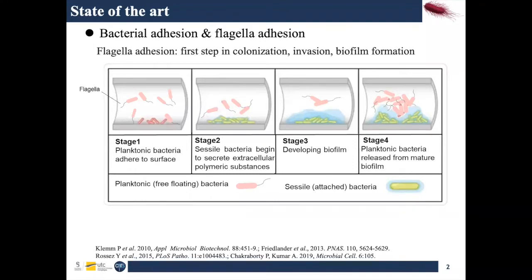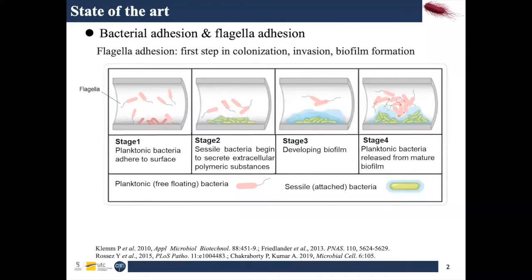As we can see, the process of bacterial colonization is a process from free swimming stage bacteria. When it adheres to the surface of some biotic or abiotic surface, it begins to secrete extracellular polymeric substance, and subsequently to develop biofilm and eventually to form mature biofilm.